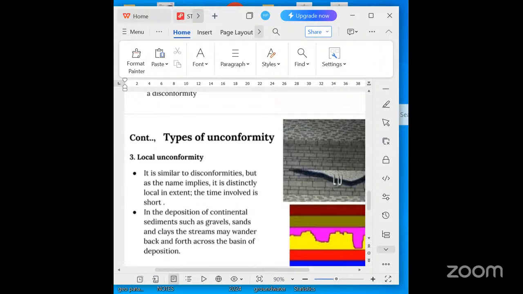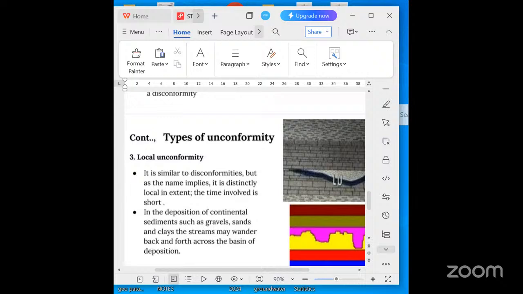Now we are going to local unconformity. The local unconformity is a disconformity, but as the name implies, it is distinctly local in extent. So the time involved is very short.